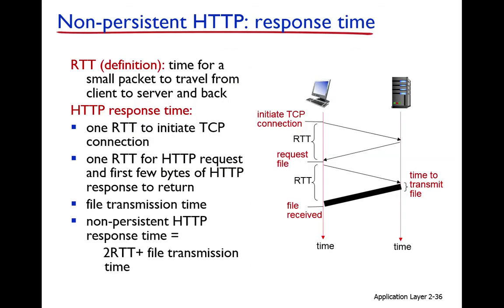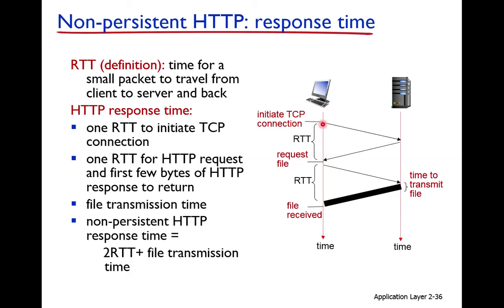For persistence, how much is the delay? Let's explain it through an example. What is RTT? RTT means round trip time. Round trip time means when you initiate a connection, the connection request is sent, it is received by the server, and then the server replies.